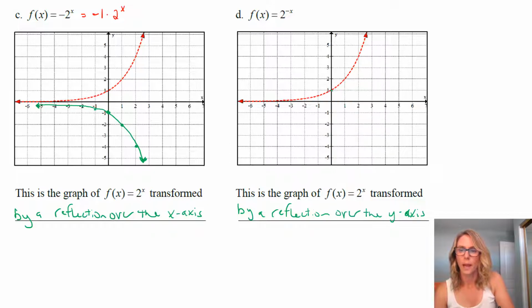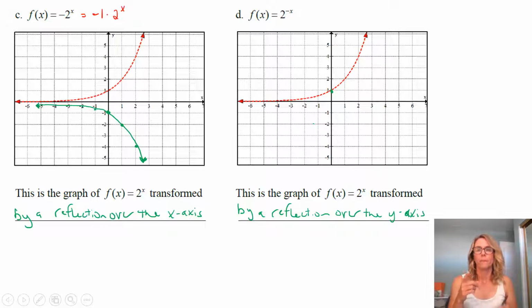But if I put in a negative 1 for x, then I get 2 to the negative negative 1, or 2 to the 1. So that's a positive value. That's 2. So it's this reflection that's sending us over. All of our points are coming to the other side, equal distance from the y-axis.